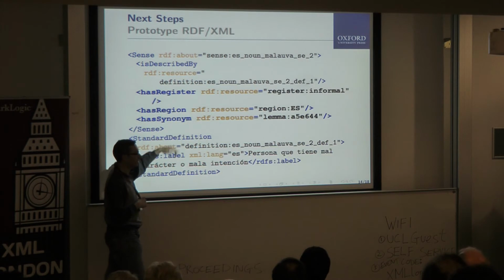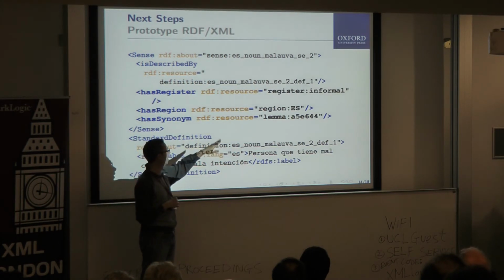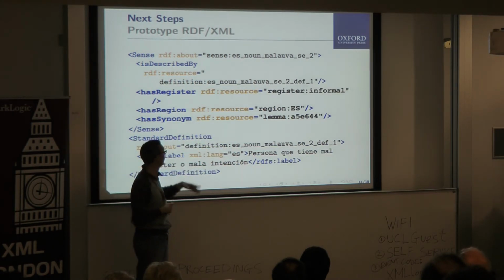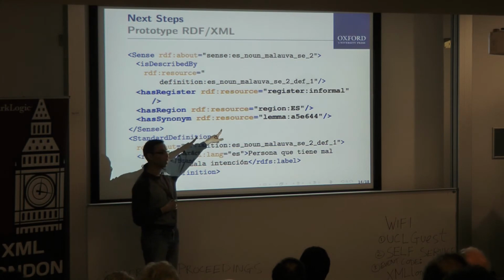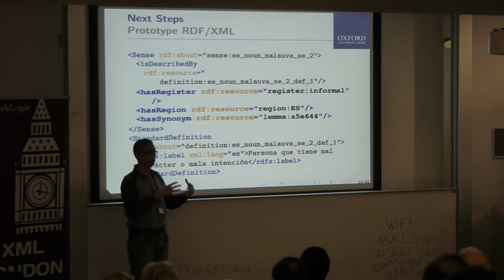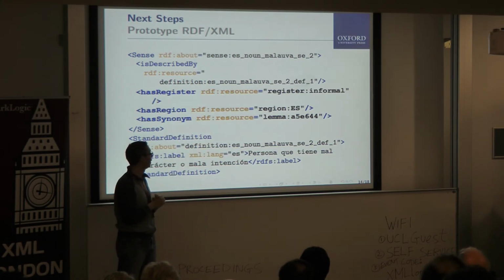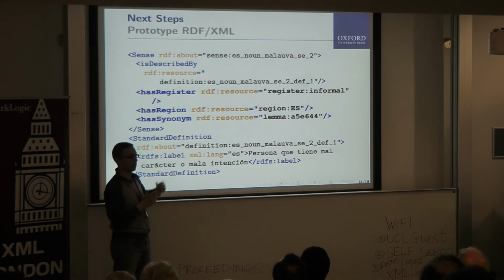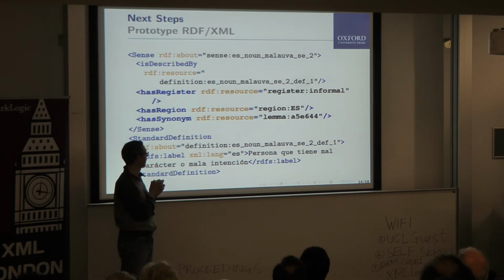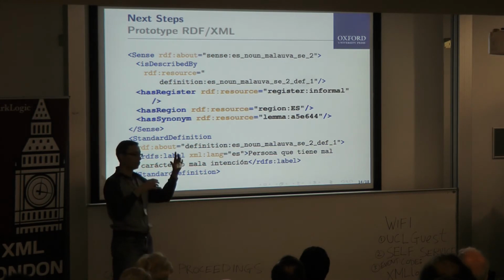First of all, you've seen before these register labels like informal, colloquial. They are now mapped to an ontology. So we build up an ontology with all these different registers, and same for region. And the good advantage of using an ontology here is that it refers to a target, a unique URI, but also we can use the structure of the ontology to apply inference later on.